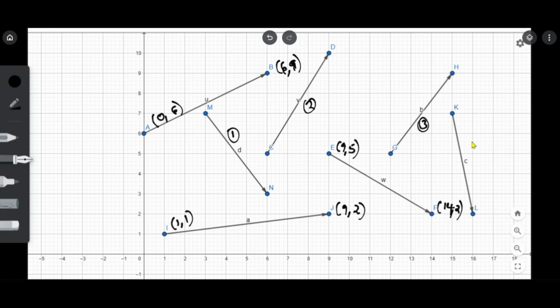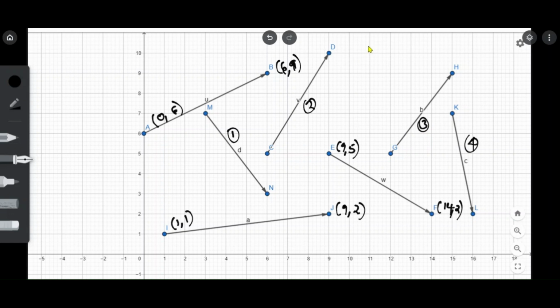Those are 3 and these are 4. You can stop the video so that you get the coordinates and you're able to get the equation of that line. So get me the equation of line 1, line 2, line 3, line 4.